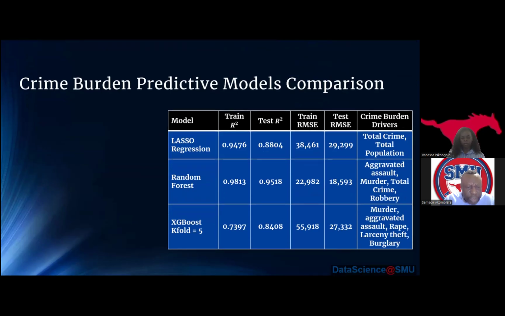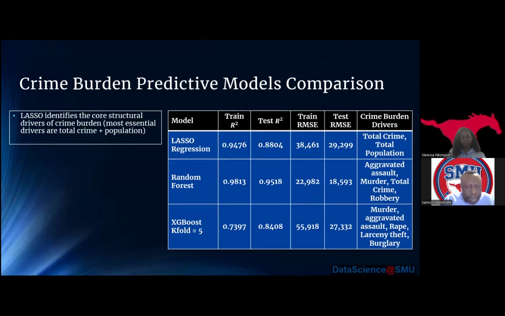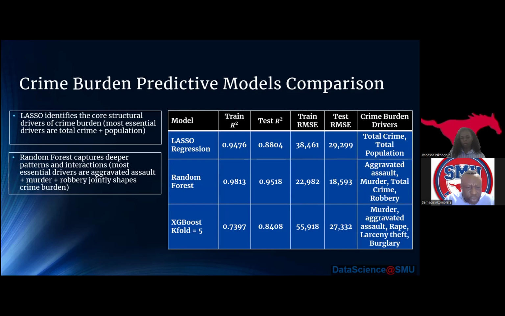Lasso regression gave us a clean, interpretable baseline result showing total crime and total population alone as the largest drivers of crime burden. Next, random forest delivered the strongest generalization performance because it has the lowest test RMSE.